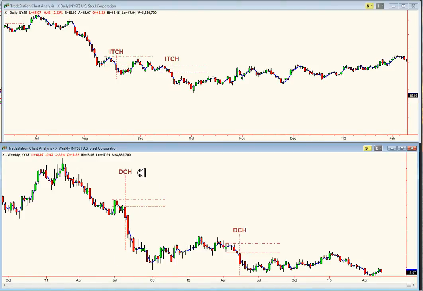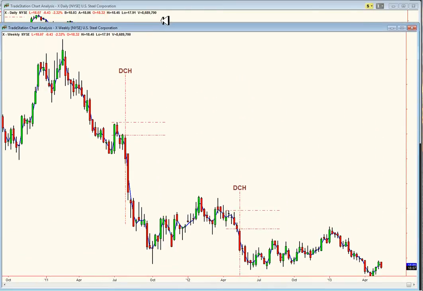You can see that our bearish trades, down trades, short trades, whatever you want to call them, are in red, and they have the crosshair that has fired, DCH. Again, DCH simply means that we look for a dual chart crosshair, not only the signal here on the weekly chart, but also a signal on the daily chart.